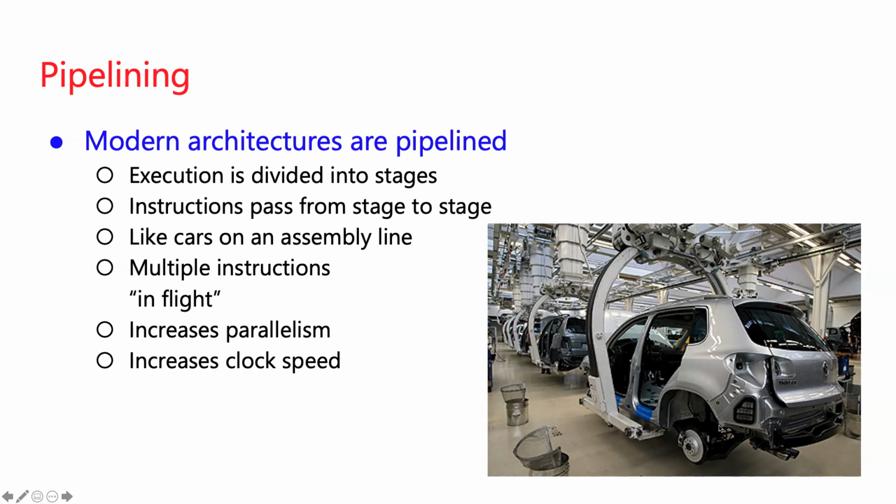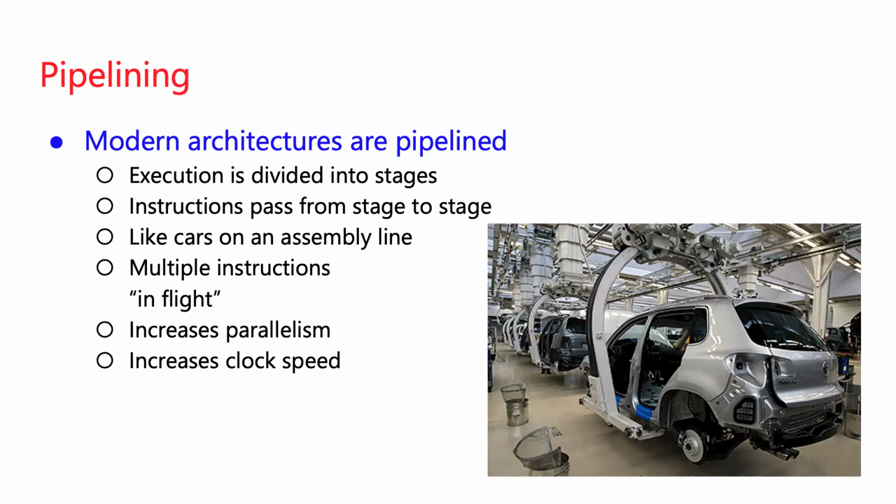So even though it might take a long time for any one car to get from the start of the pipeline to the end, once you've got that pipeline saturated with cars, you can turn out one car after another pretty quickly. The same kind of thing can be done with CPU instructions.